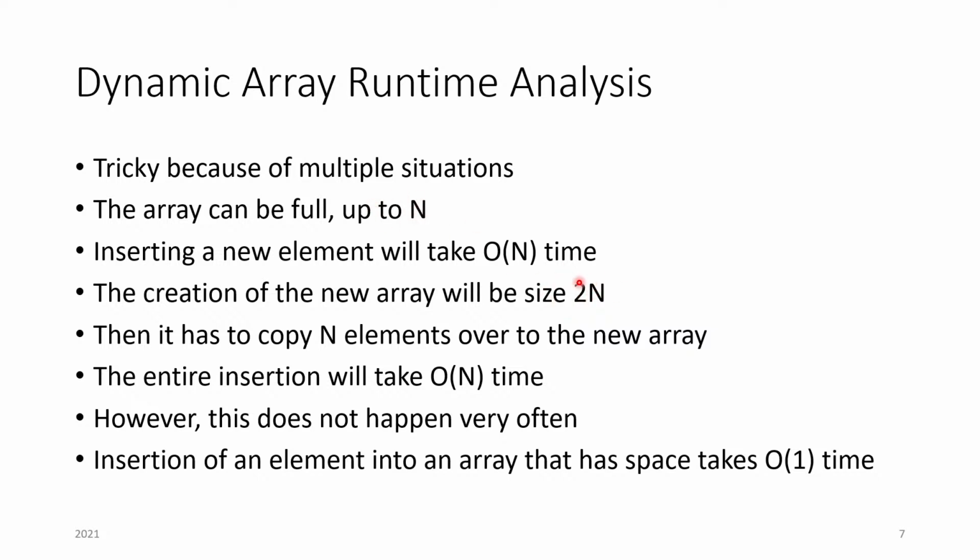That's going to be 2n. It has to copy those n elements over into the new array. So that means that entire insertion will take O of n time. However, for each one of the elements, note, for each one of the elements, this is going to take O of 1 time.